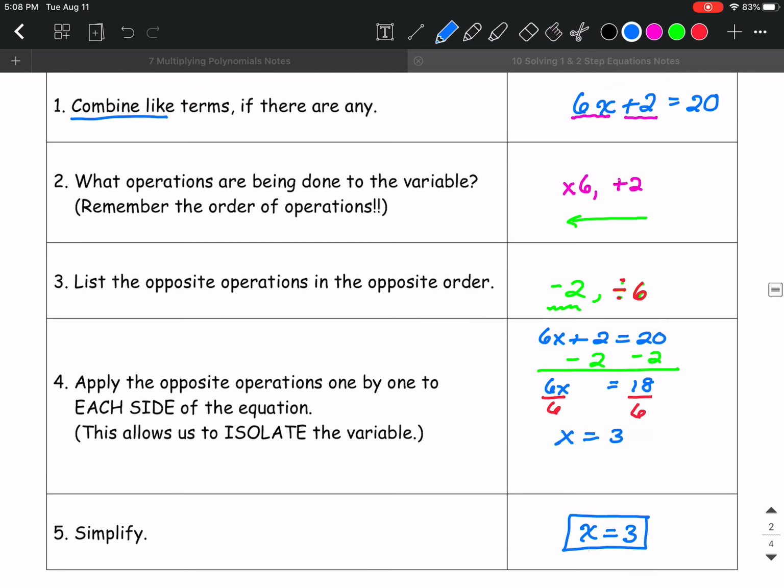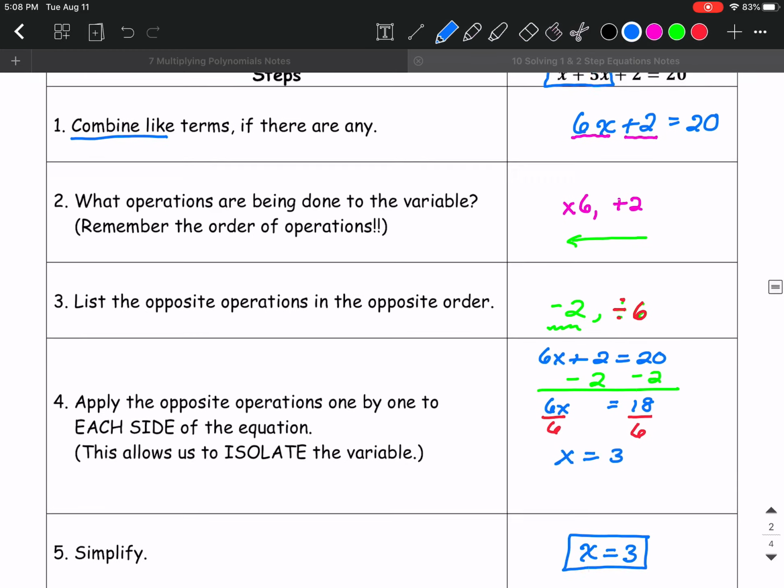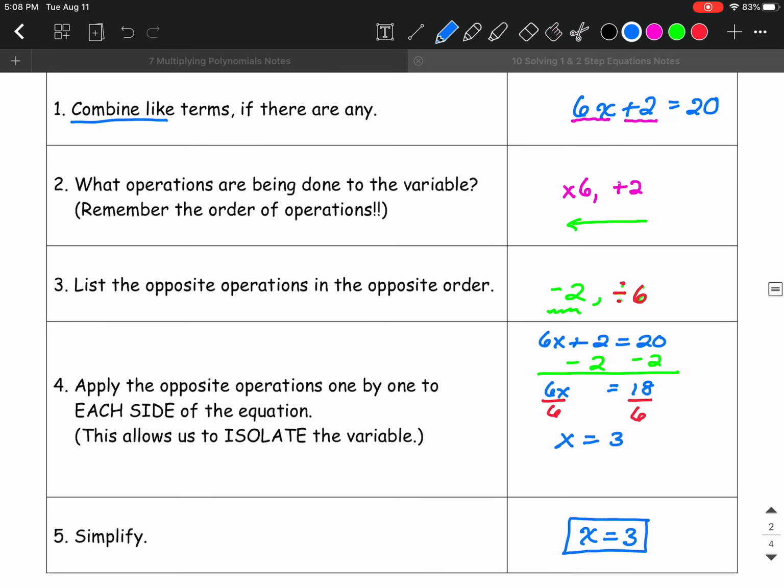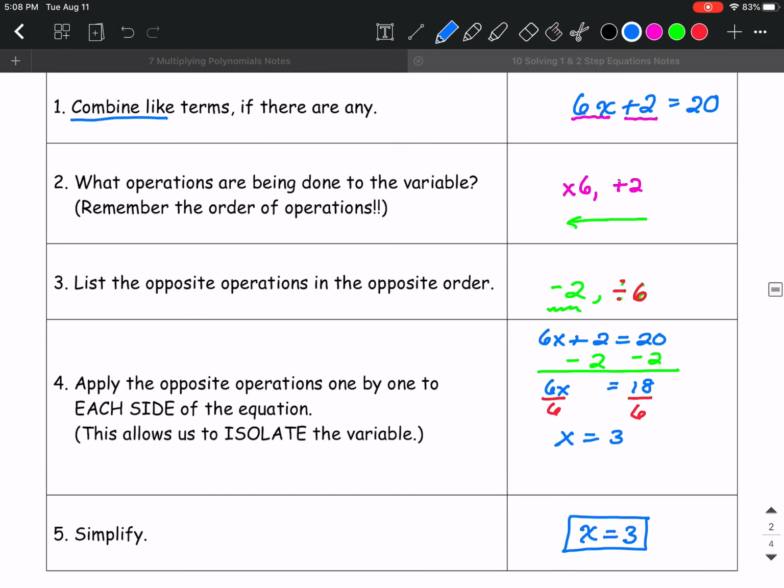So if you look at what we did, first thing we did was combine any like terms. Then we said, if I was going to be plugging something in for x, I would first multiply by 6, then add 2. We figured out the opposite operations in the opposite order: subtract 2, divide by 6. And that's what we did to both sides of the equation. First, we subtracted the 2, then we divided by 6. And that gave us our solution.